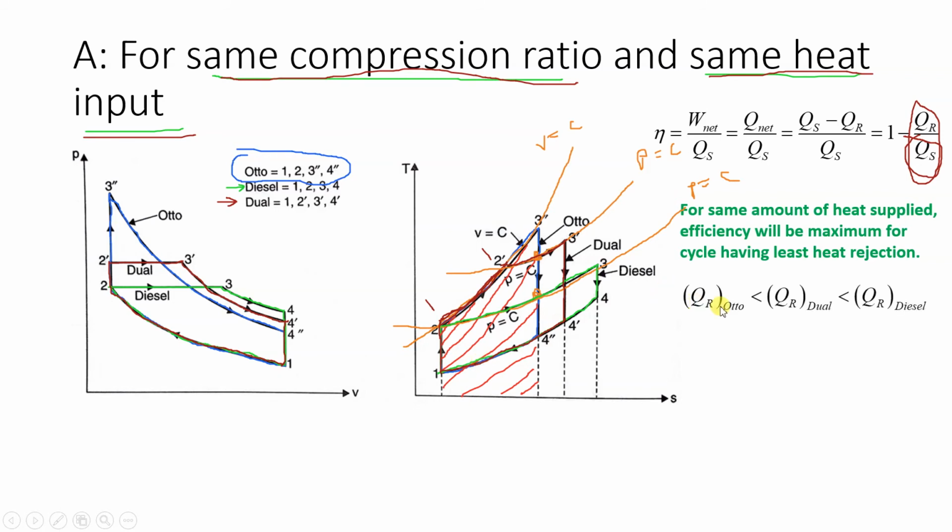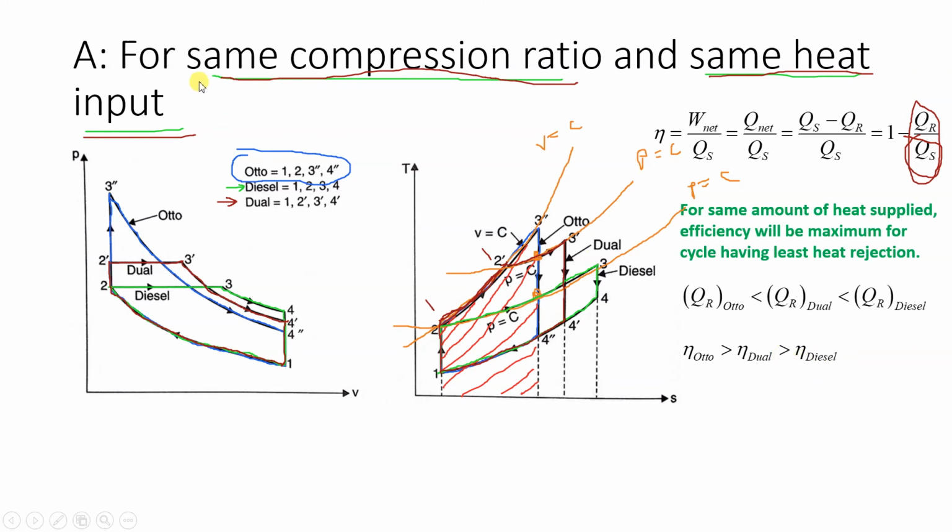So heat rejection in case of Otto cycle is less than heat rejection in case of dual cycle, which is less than heat rejection in case of diesel cycle. So heat rejection is least in case of Otto cycle. So which efficiency will be the highest? Efficiency of Otto cycle is greater than efficiency of dual cycle. It is greater than efficiency of diesel cycle.